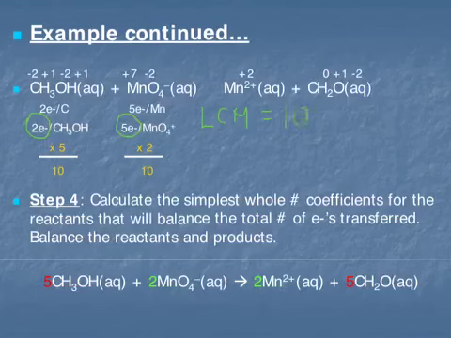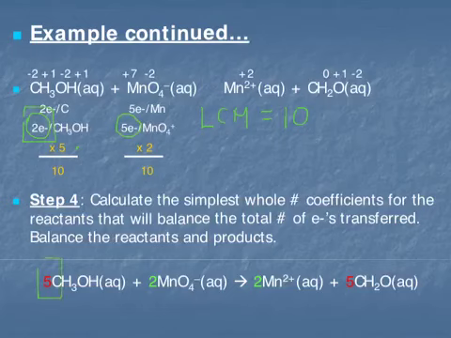That means that in this reaction, there will be 10 electrons gained, and on the other hand, there will be 10 electrons lost. Well, how are you going to get 10 electrons from methanol? Because we know each methanol molecule loses 2 electrons. To get 10 electrons in total, we have to multiply this by 5.